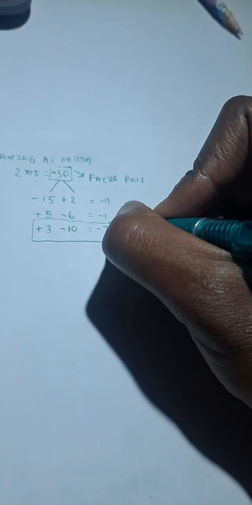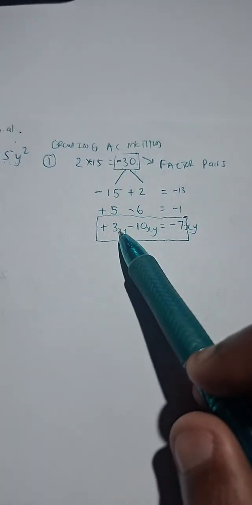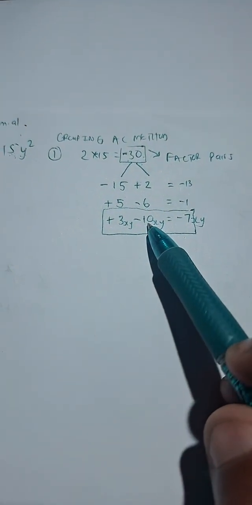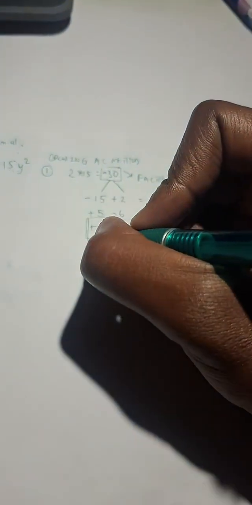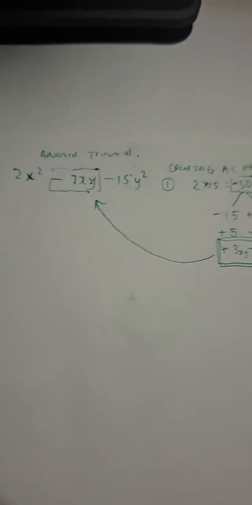So listen now. Remember, this was negative 7xy. So that means these also need to be positive 3xy and negative 10xy. So I'm going to take this combination and replace it in the place of negative 7xy.